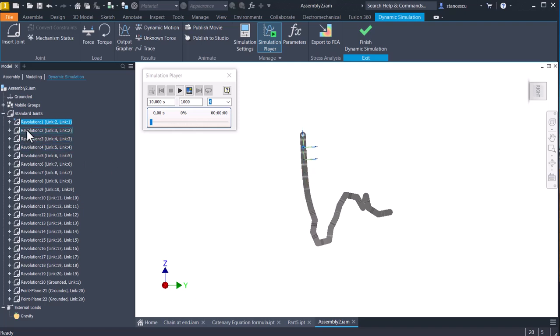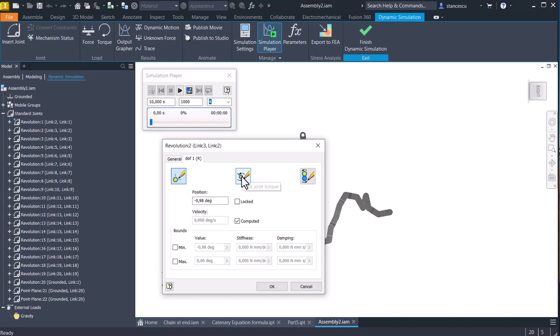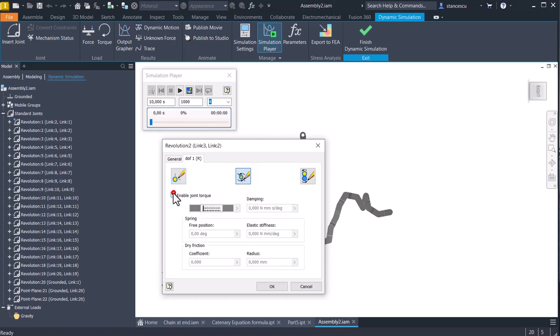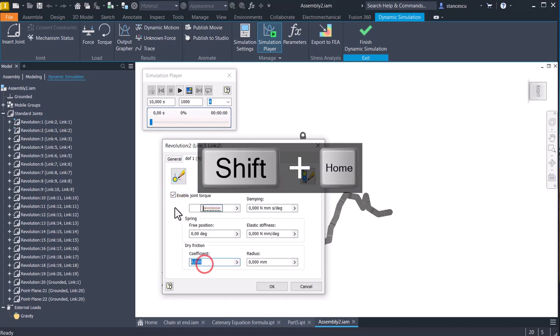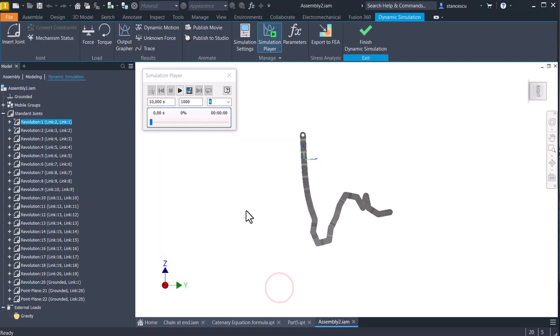Now let's go to the other. Double click, enable joint torque, 0.2 and 2. Okay, and I go on to the other.